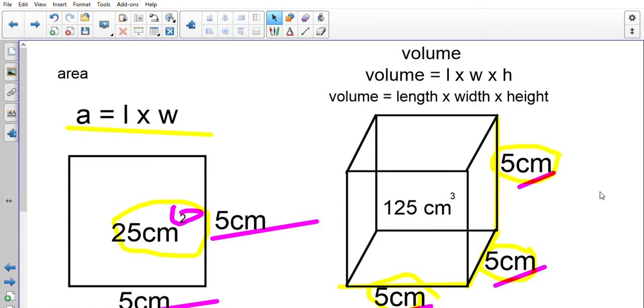Centimeters times centimeters times centimeters, try saying that quickly 3 times, is centimeters cubed.